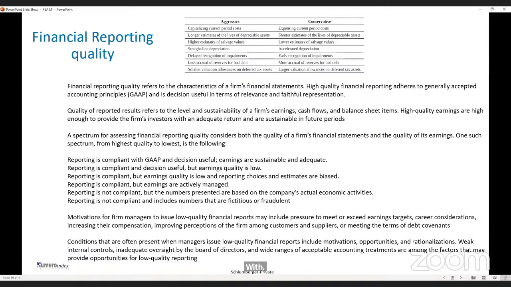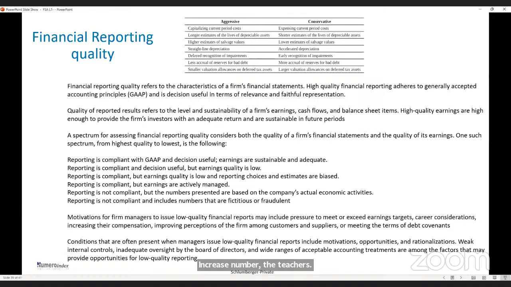Another one is your reporting is compliant, but the earnings are actively managed. You're managing the earnings. And the other one is that the reporting is not compliant at all, but the numbers presented are based on the company's actual economic activity. And the other one is the reporting is not compliant and includes numbers that are fictitious and fraudulent.